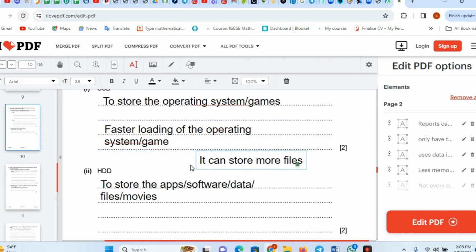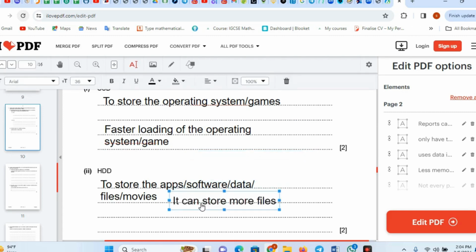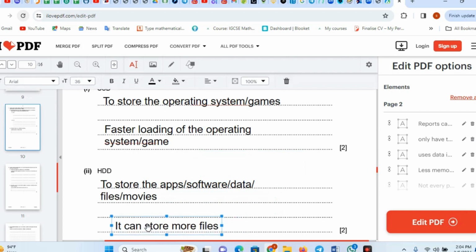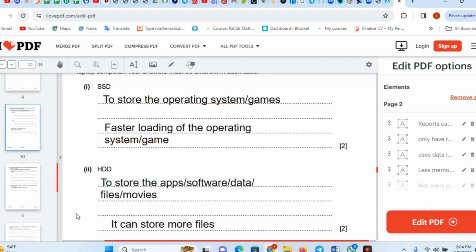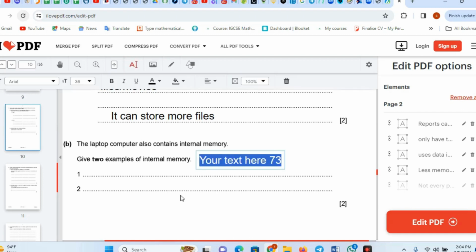All right, so we are done with question 9A. We can proceed to question 9B. The laptop computer also contains internal memory. Give 2 examples of internal memory. So what are the examples of internal memory that you know? One, you have RAM, random access memory.